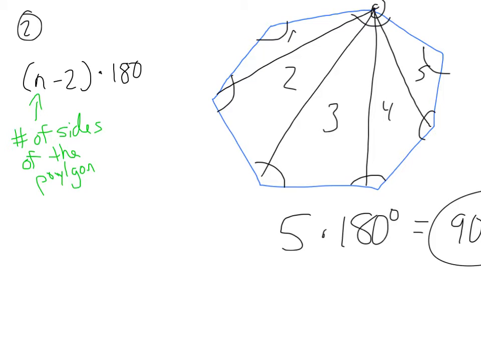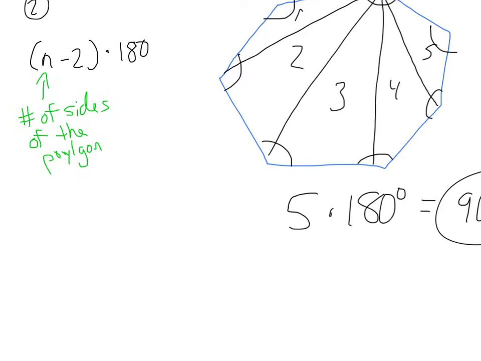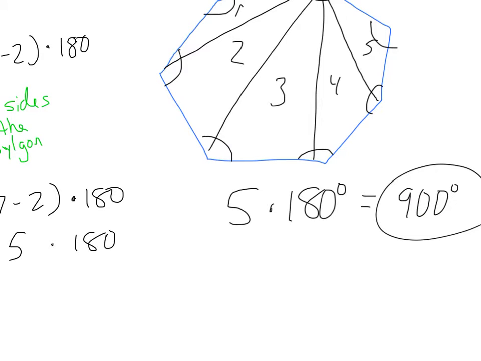So, for example, with this seven-sided figure right here, so we have a heptagon, okay, so it's 7 sides. So we're going to take 7 minus 2, and then we're going to take that times 180. Okay, well, 7 minus 2 is 5, and we know that 5 times 180 from over here also equals 900 degrees, right?